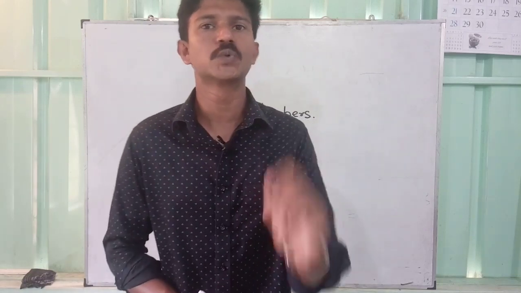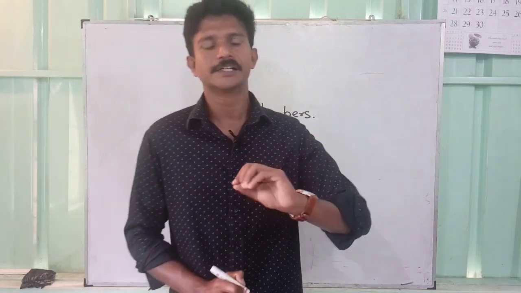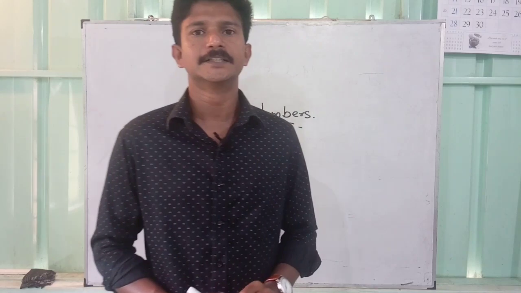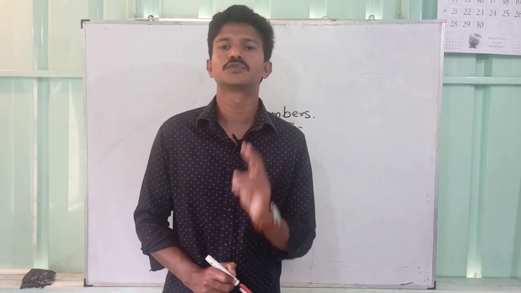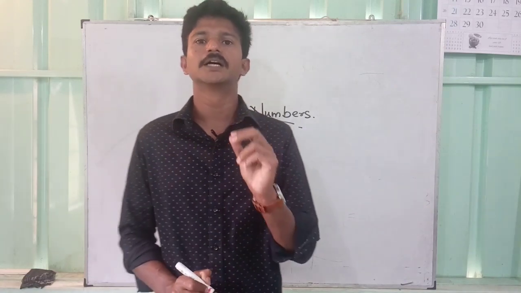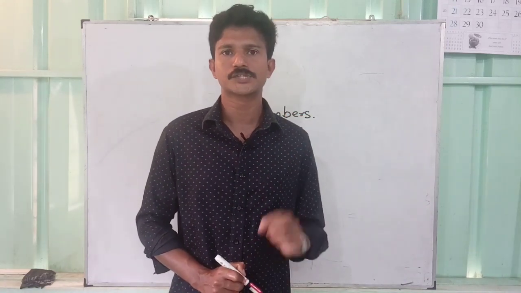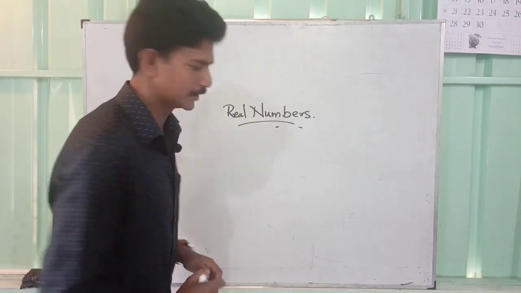So let us take two examples and we can write the form of odd number and even number. Let us take two very simple numbers, 4 and 5.